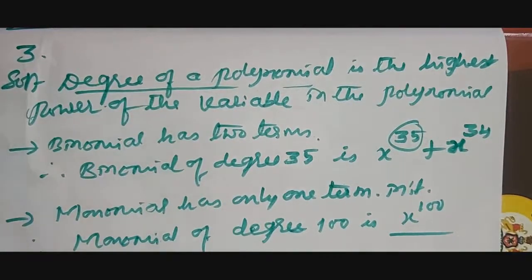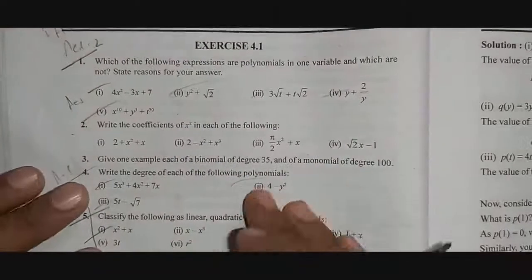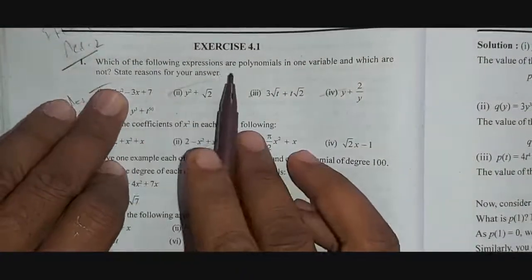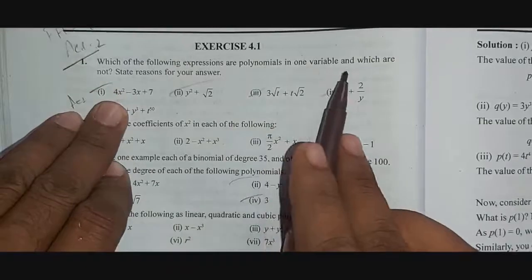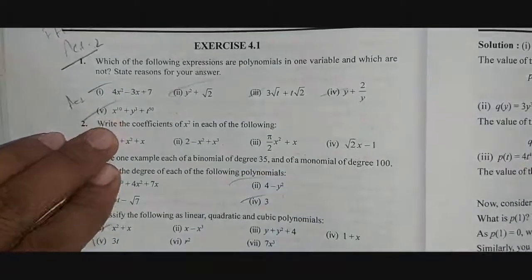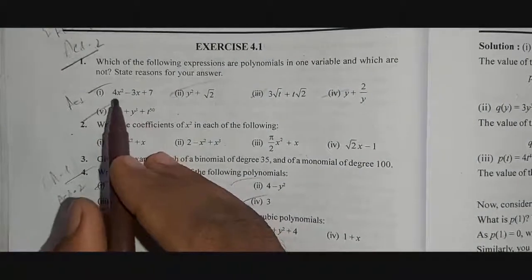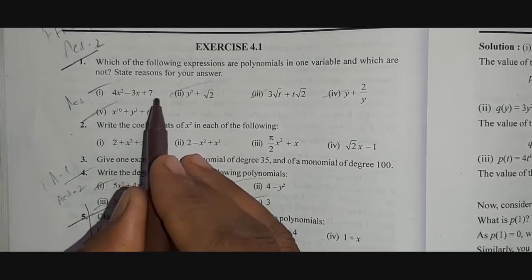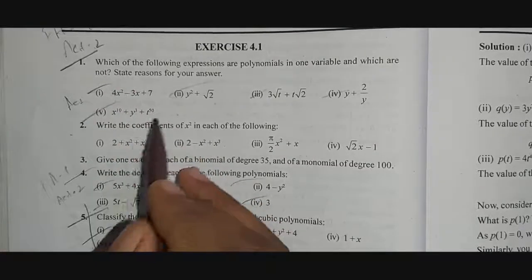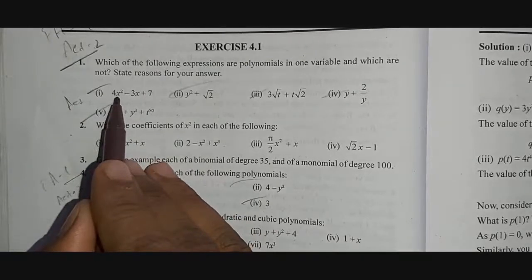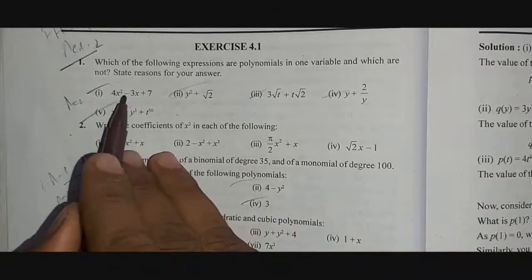Okay, now let us discuss exercise 4.1. Here we have the first main question. Which of the following expressions are polynomials in one variable and which are not? State reasons for your answer. For the first question they have given 4x square minus 3x plus 7. This expression is a polynomial in variable x, so it is yes.